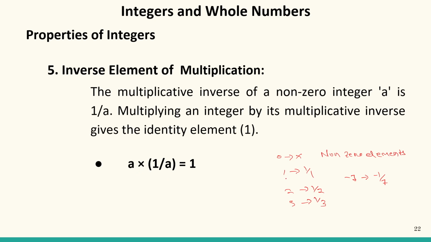And you can see that 1 into 1 by 1 is equal to 1, 2 into 1 by 2 is equal to 1, 3 into 1 by 3 is equal to 1, and so on. That's why we can evaluate for each integer its multiplicative inverse except 0. For 0 it is not allowed that we take its multiplicative inverse.